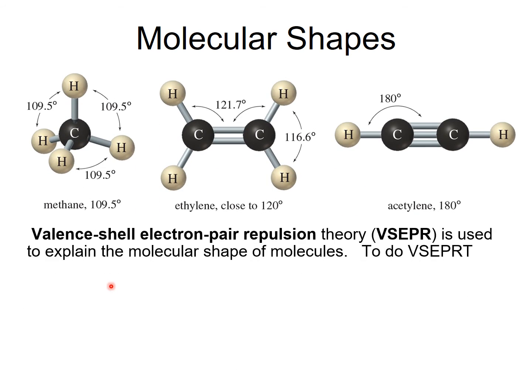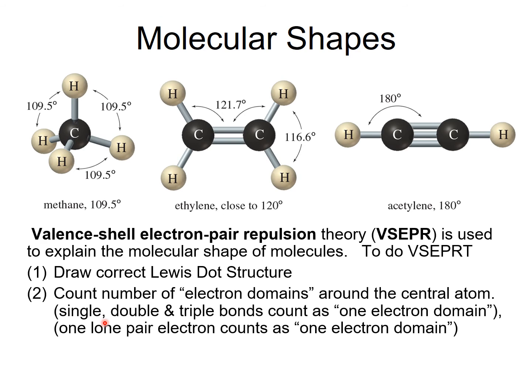So how do we do VSEPRT? First, you have to draw the correct Lewis dot structure. Then you count the number of electron domains around the central atom. So when you count single, double, and triple bond, you count that as one electron domain, or a sigma bond is one electron domain.